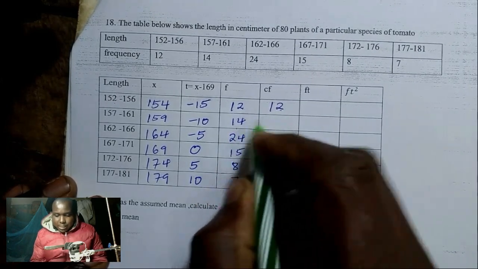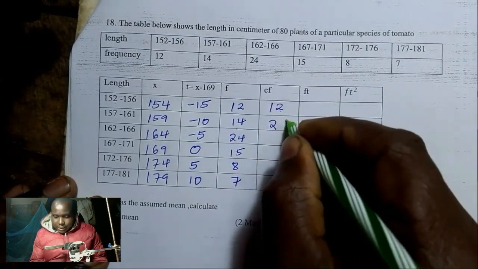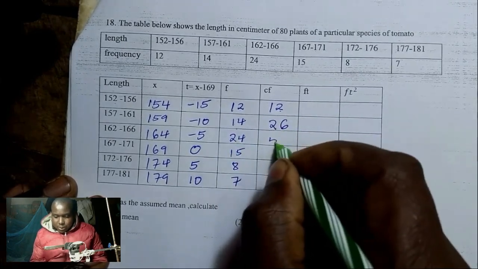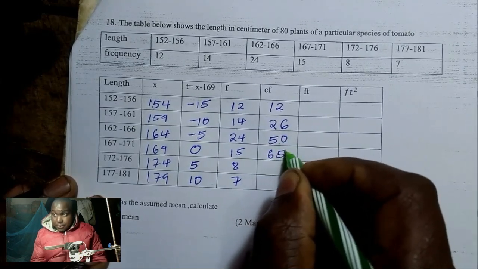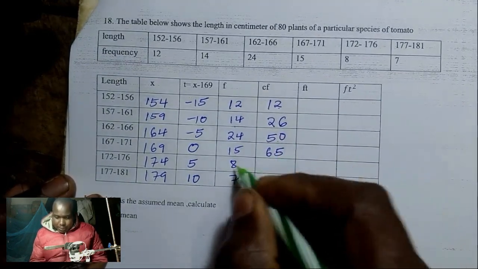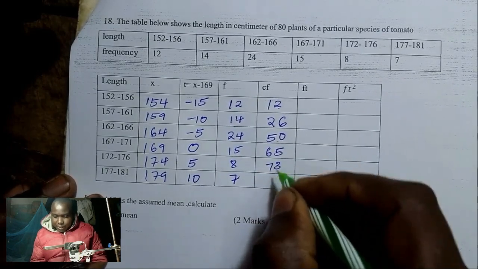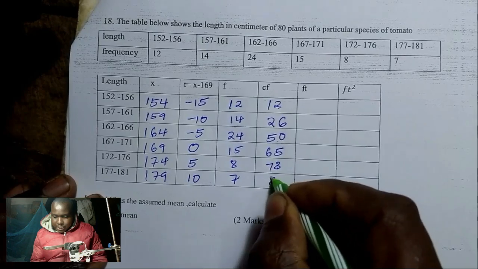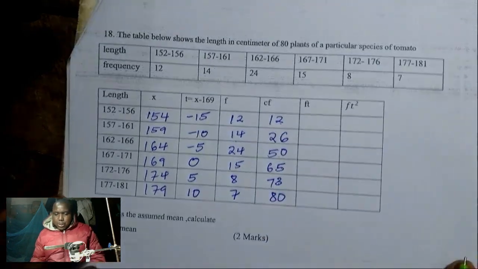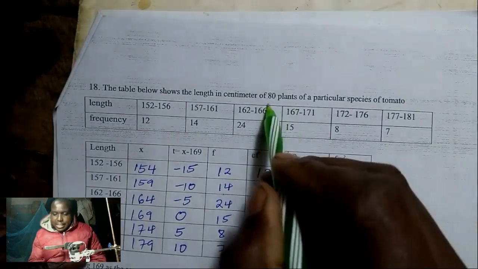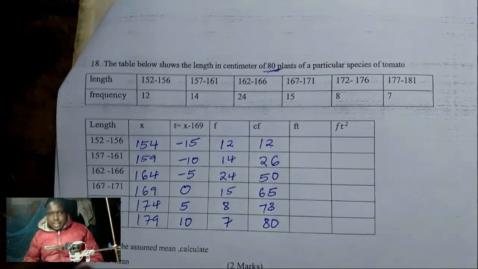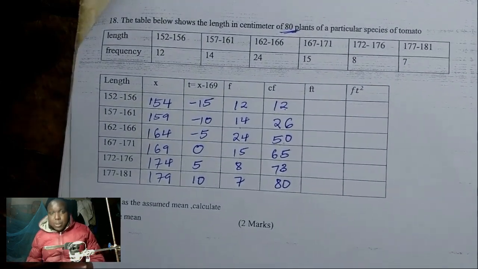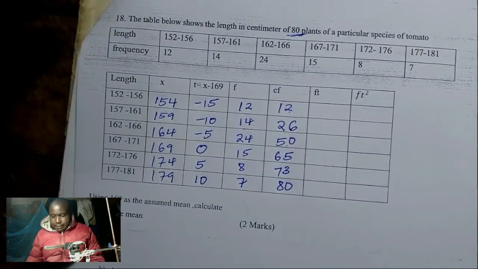So 12 plus this is going to be 26. 26 plus 24 is 50. 50 plus 15 is going to be 65. 65 plus 8 is 73. 73 plus this is going to be 80. So the total cumulative frequency should be the same as the total frequency. Be sure of that.